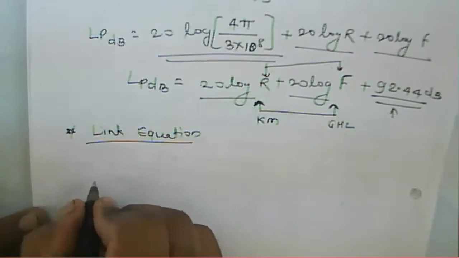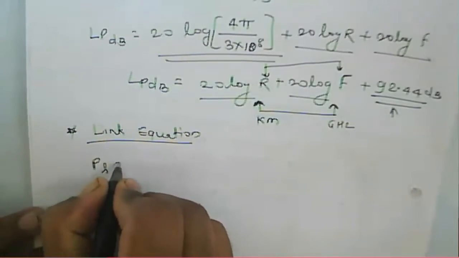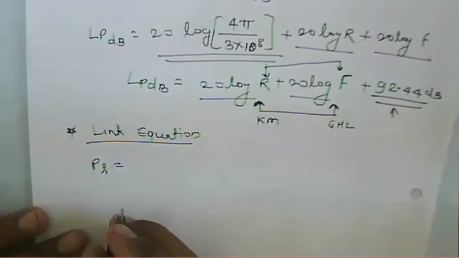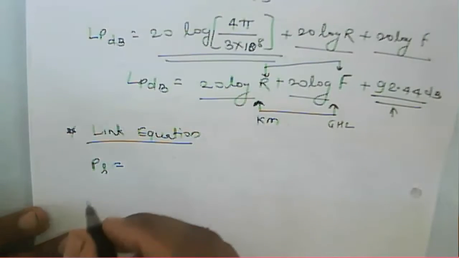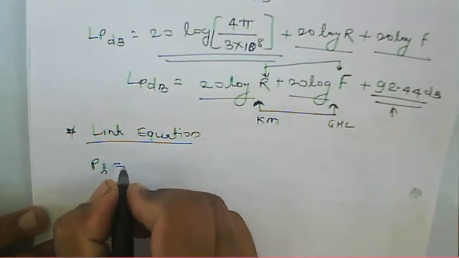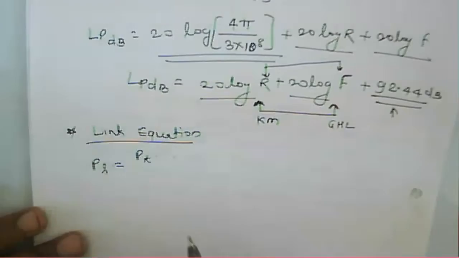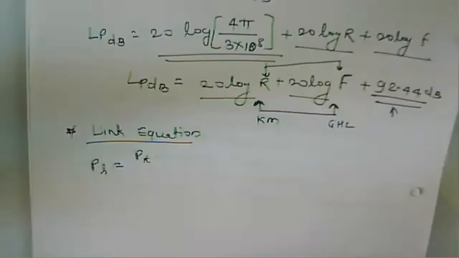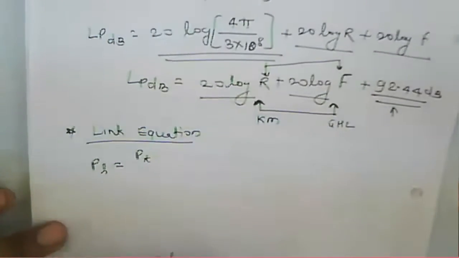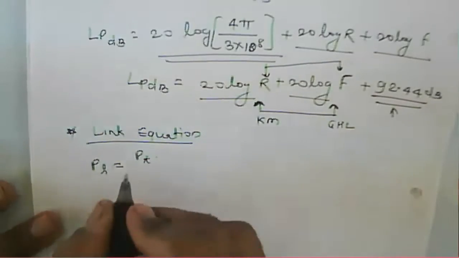So now we can write the equation of received power to obtain the link equation, so that we can rewrite it in terms of the gain and the loss.